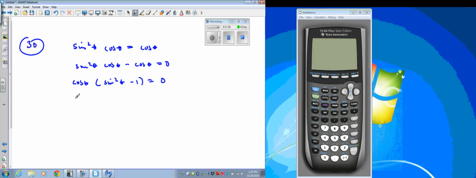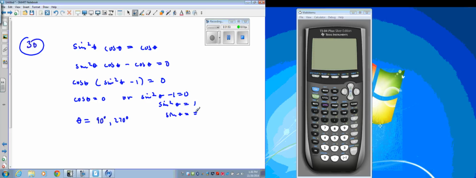Now then, I would set each one of these things equal to 0. Now this one would be what? 90. Yeah, everyone agree? And then this one equals sine squared theta equals 1. So sine plus or minus 1. So you'd have two things. Sine theta is 1 or sine theta is minus 1.